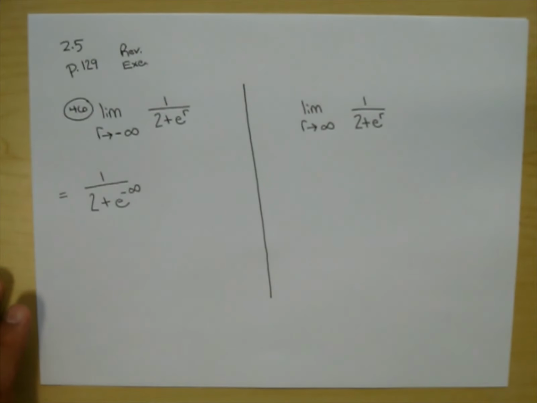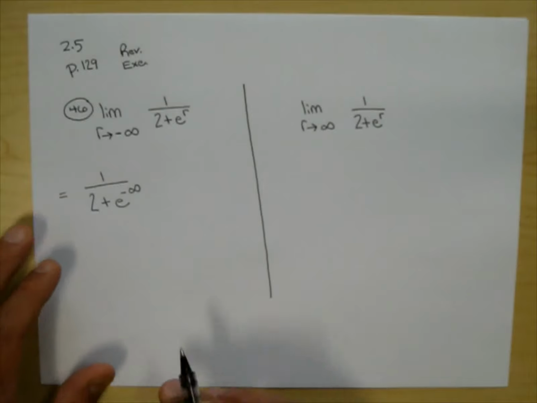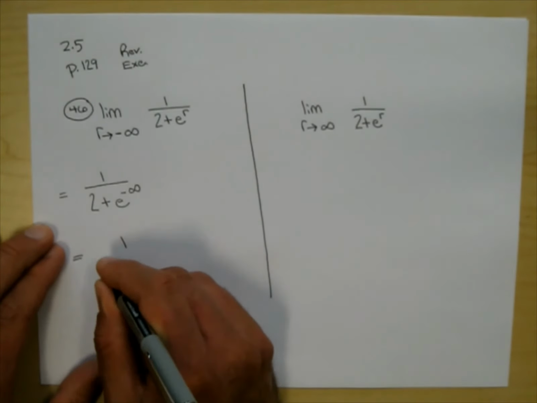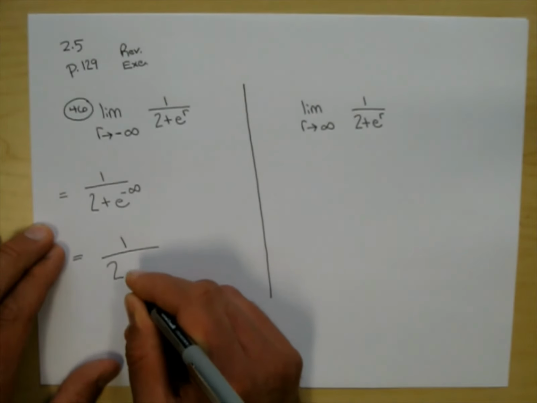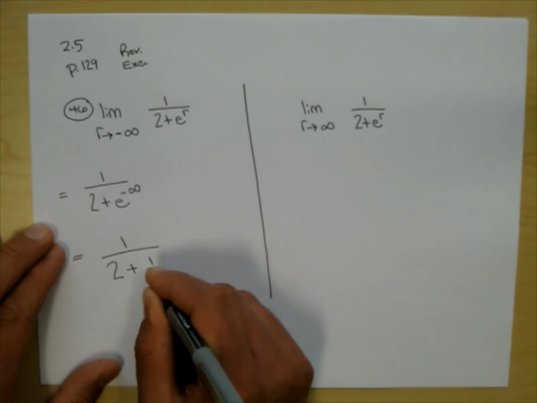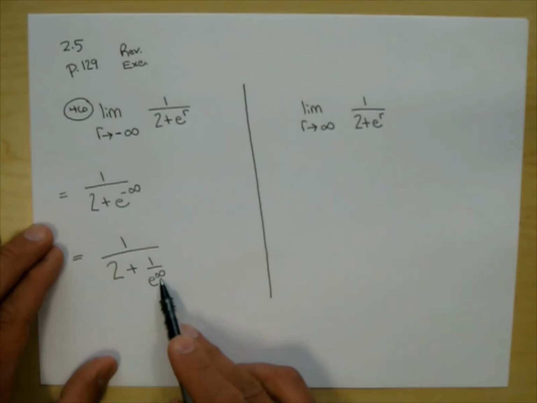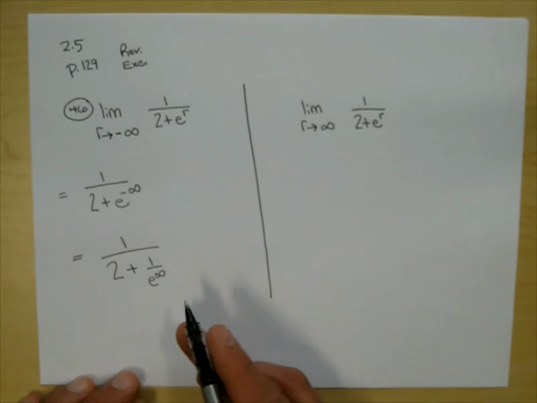Okay, so what are we going to do about that? Well, let's take a look at that a little closer. 1 over 2, and then this is really 1 over e to the infinity. Well, what is e to the infinity? That is infinity.